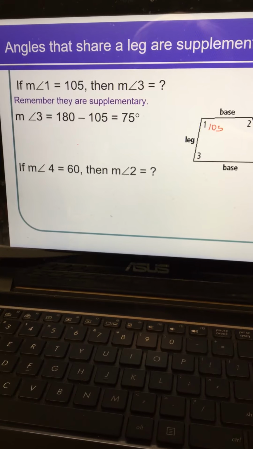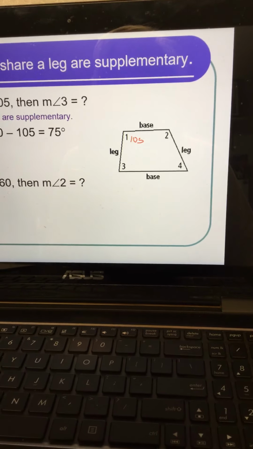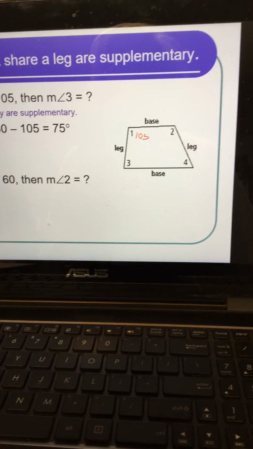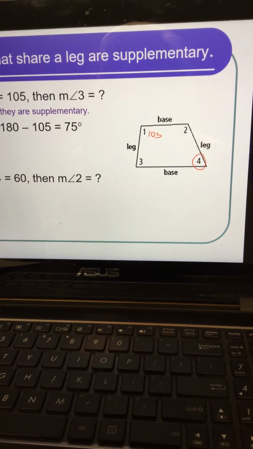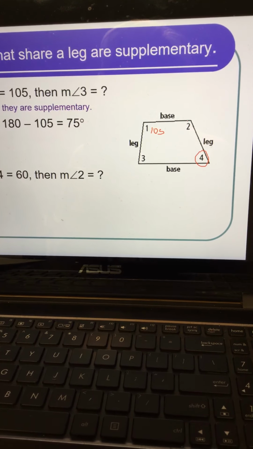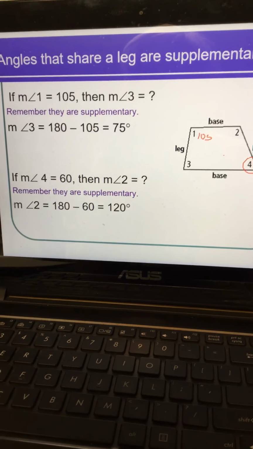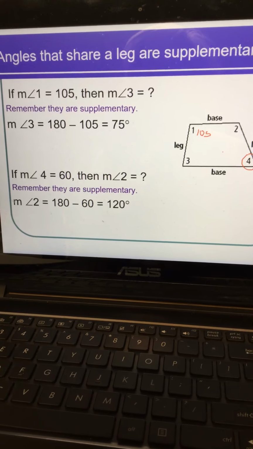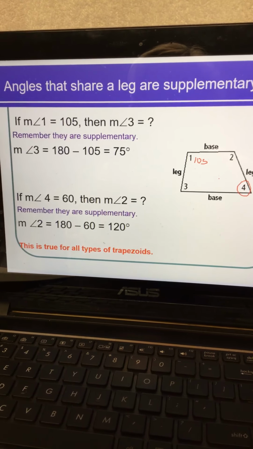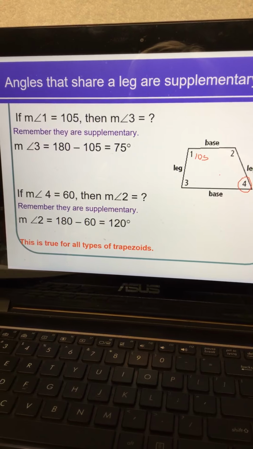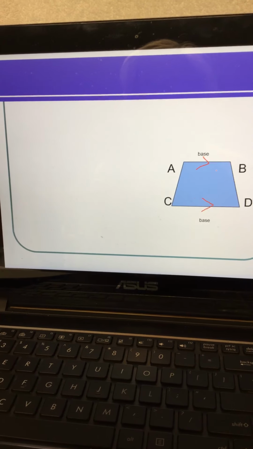And then if I'm asking you what's the measure of angle 2, so I've just told you that angle 4 over here is 60. And I'm asking you to find the measure of angle 2. Again, these angles are supplementary. So to find 2, we would say 180 minus 60 would be 120. This is true for all types of trapezoids. Angles that share a leg are going to be supplementary.